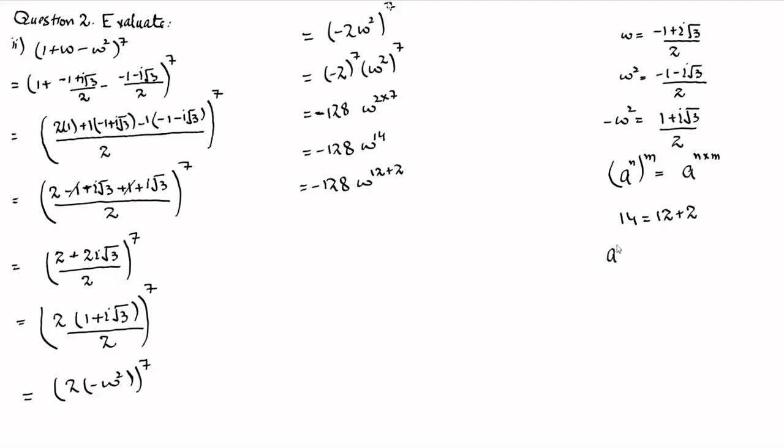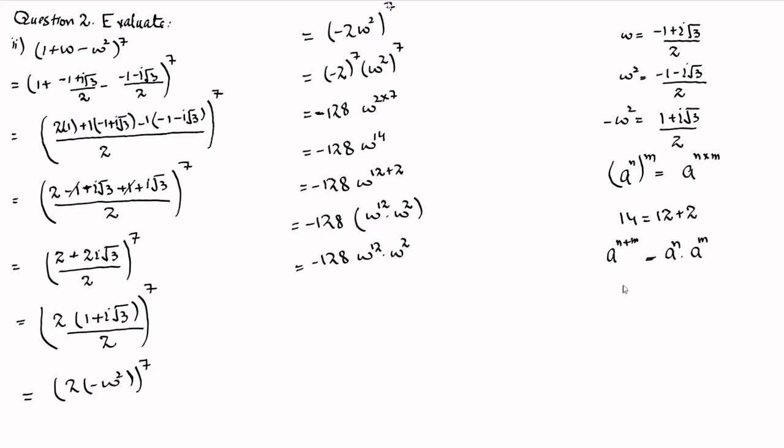Now from the power property, if a is raised to a power n plus m, that can be written as a raised to the power n multiplied with a raised to the power m. So we have minus 128, and omega raised to the power 12 plus 2 can be written as omega 12 omega square. So we have minus 128 omega 12 omega square.